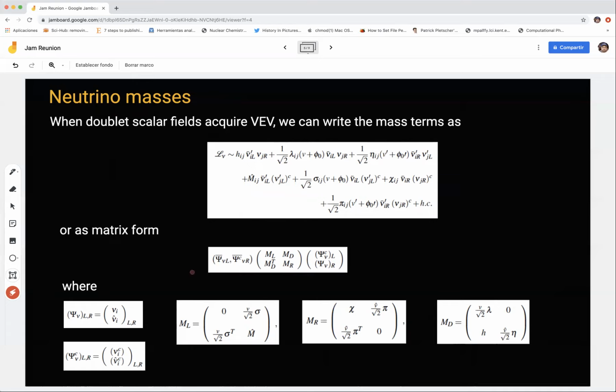We can write the mass matrix for all neutrinos as shown in this slide. The notation has been simplified so that chi, pi, lambda, h, eta, sigma, m hat are 3 times 3 matrices.